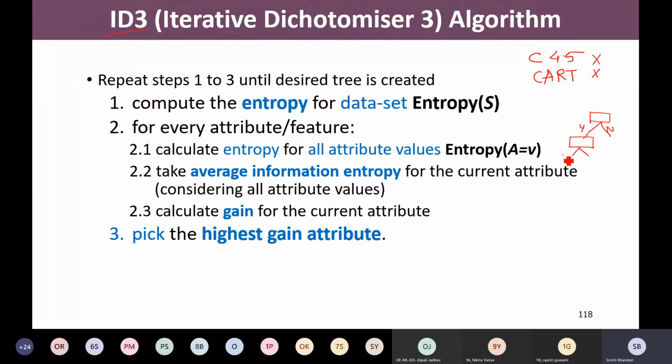And the leaves actually denote the class. Leaves are the nodes which do not have any children. Leaves in the decision tree give us the class of the sample.